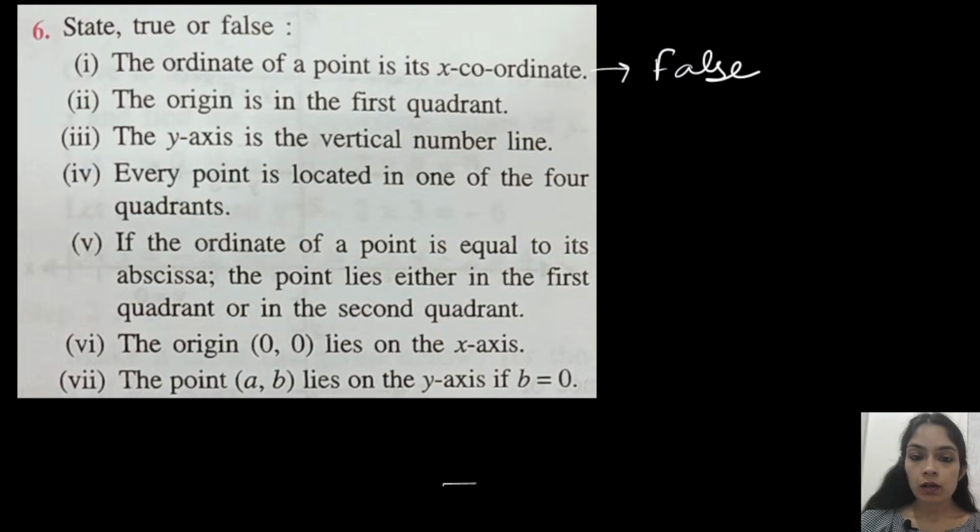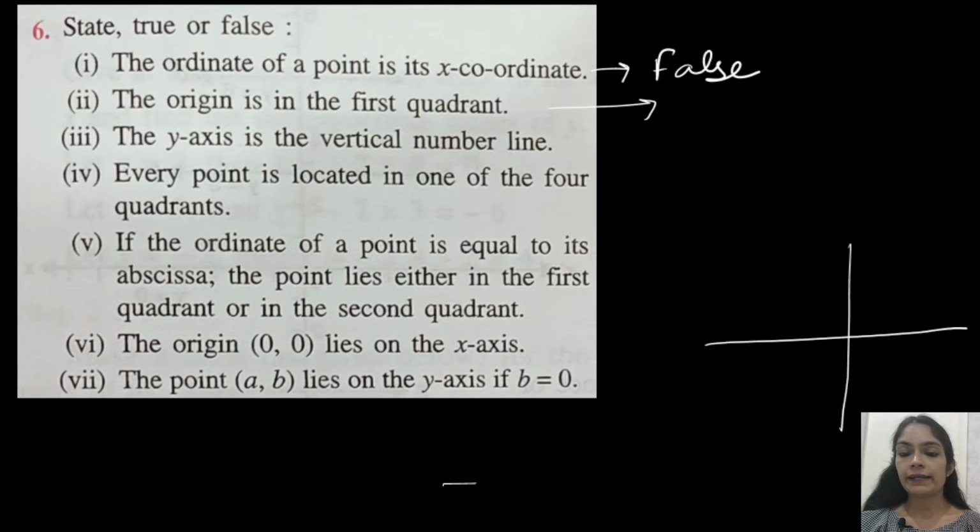Second one, origin is in first quadrant. I have explained to you that the point where the two axes, the x-axis and y-axis, intersect is known as the origin. Do you think it is in the first quadrant? False, because it's not in the first quadrant. In fact, it is not in any of the quadrants.